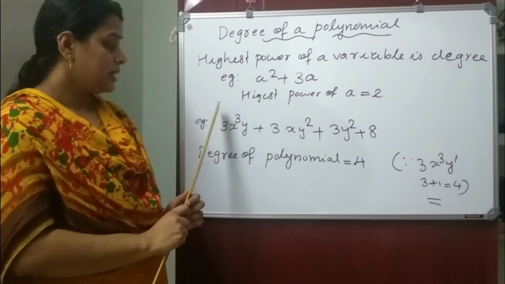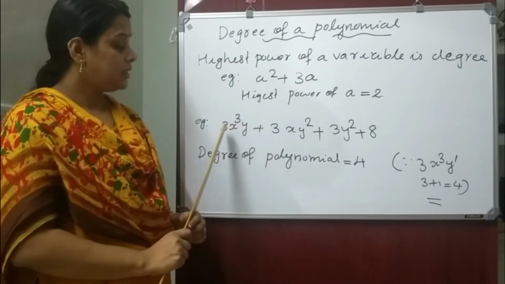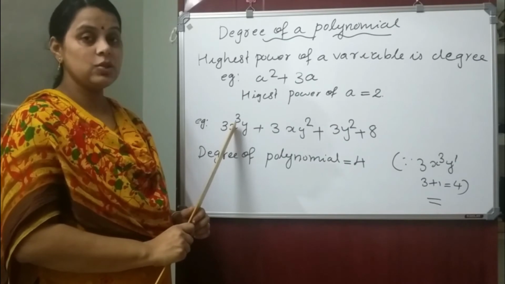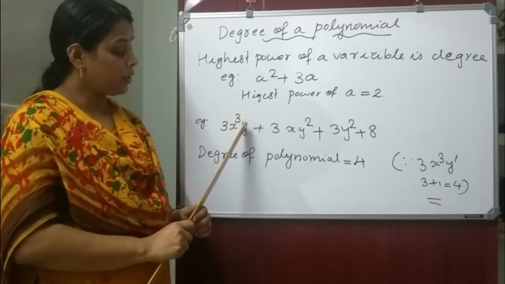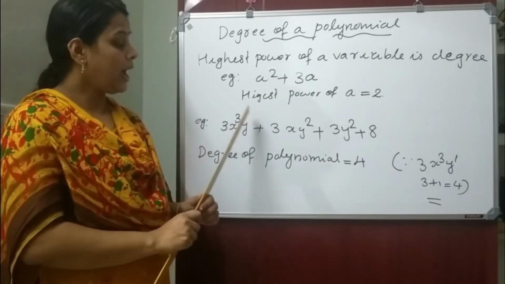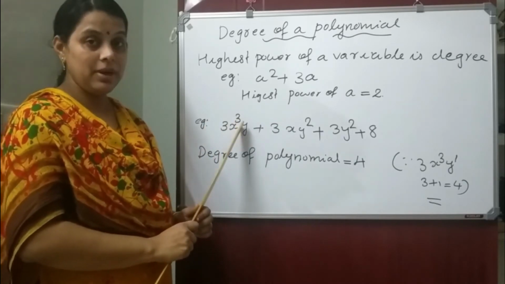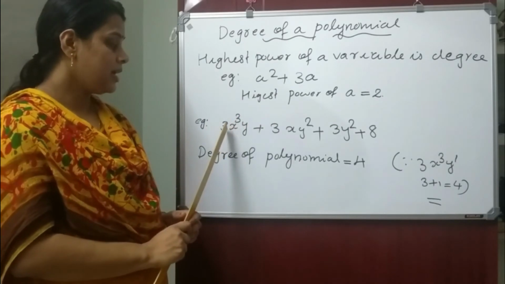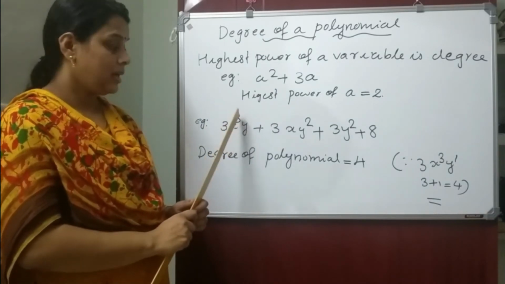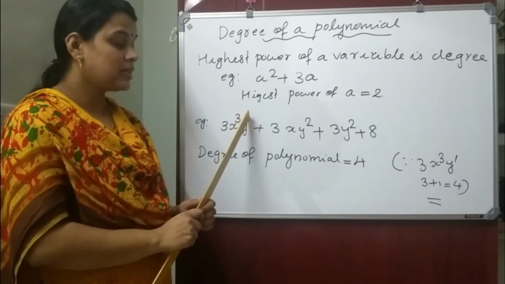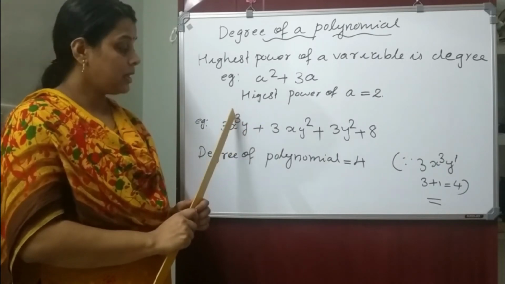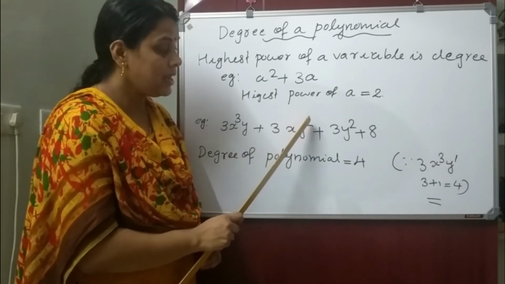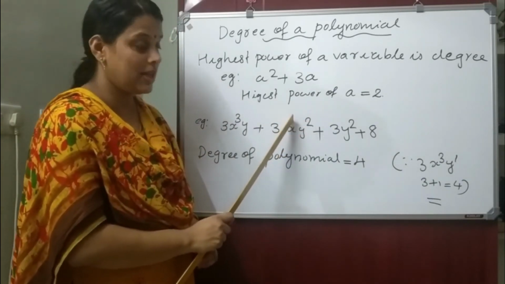Consider the first term, 3x cube y. The power of x is 3 and the power of y is 1. We need to add the powers of the variables and find the maximum, the highest value. Here, 3x cube y: 3 plus 1, y raised to 1, so 3 plus 1 is 4. Here, x raised to 1 plus y square: 2 plus 1 is 3.